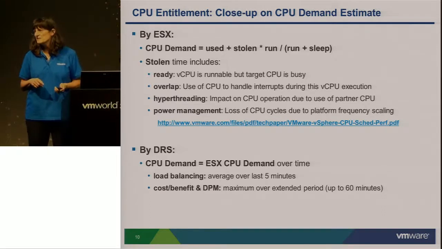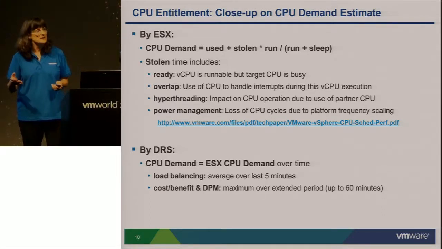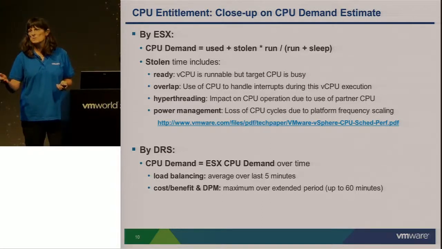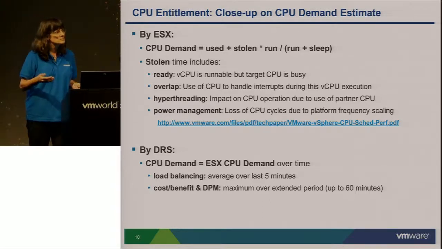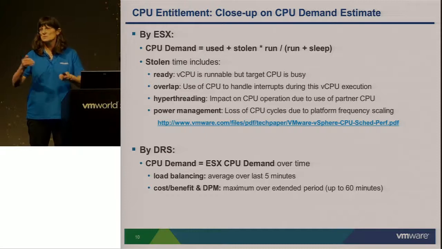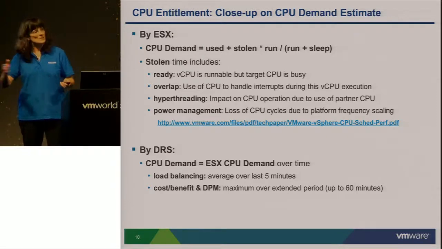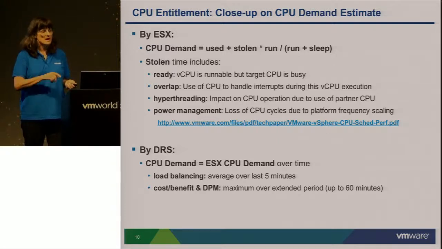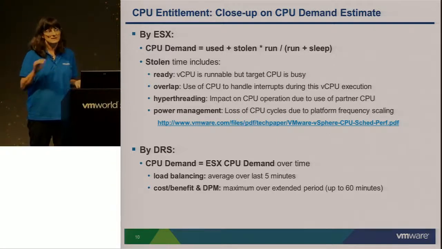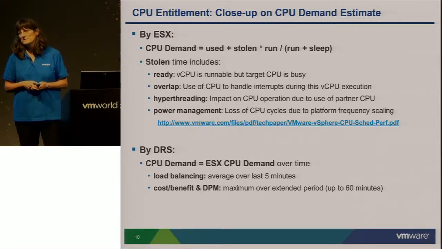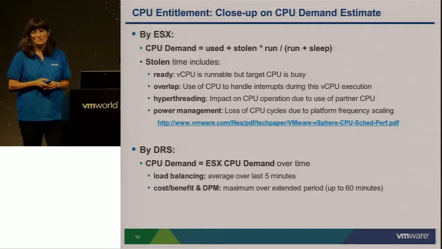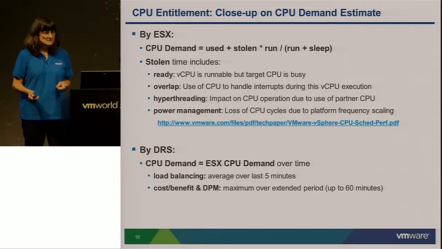For cost benefit, which is DRS's way of evaluating whether a move is worthwhile, not only because it improves the load balance, but because it also looks like a good move given the way the demands are varying over the last 60 minutes, it looks at the maximum over that extended period of time. And DPM also looks at an extended period of time to decide whether or not to power down hosts, whether it's really worthwhile.